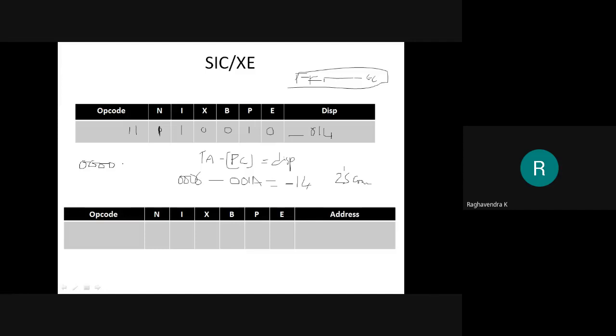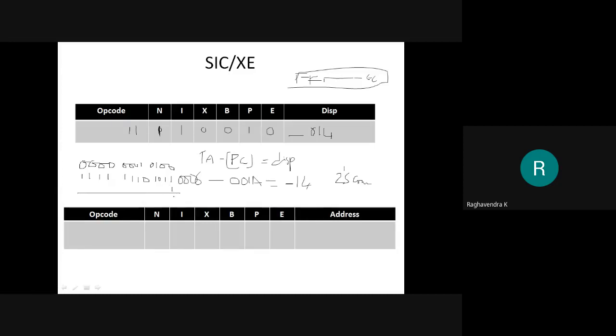So 0, 0, 0, 0, 0, 0, 0, 1, and what is 4? 0, 1, 0, 0. How do we put it in 2's complement? 1's complement first: 1, 1, 1, 1, 1, 1, 1, 0, and 1, 0, 1, 1, then add 1 to it.